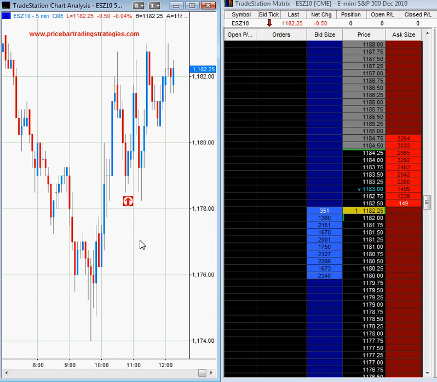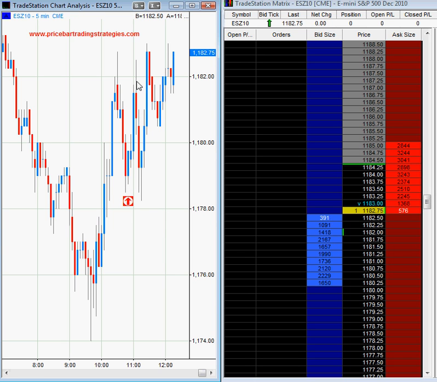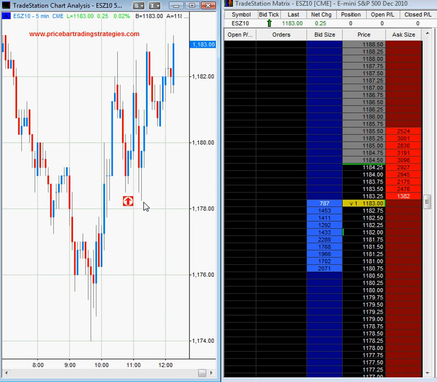We did have a price bar strategy long setup right here. And you could see it was for about 2 points, 2.5 points or so. And we also had another price bar strategy setup long right here, and it was pretty much the same. Look for possibly 2 to 3 points profit on this long setup here.